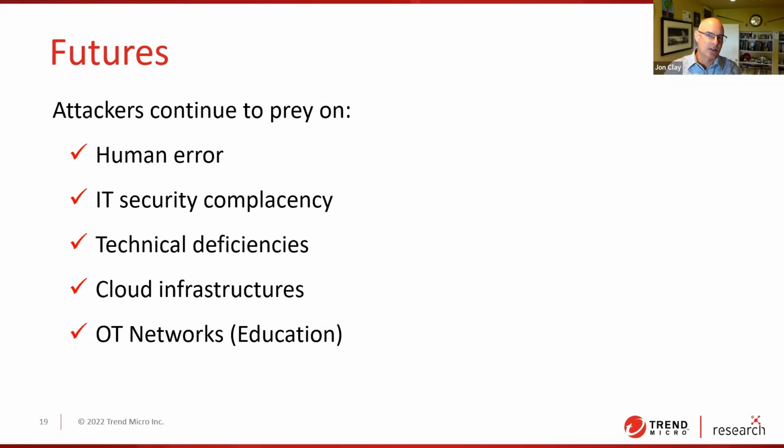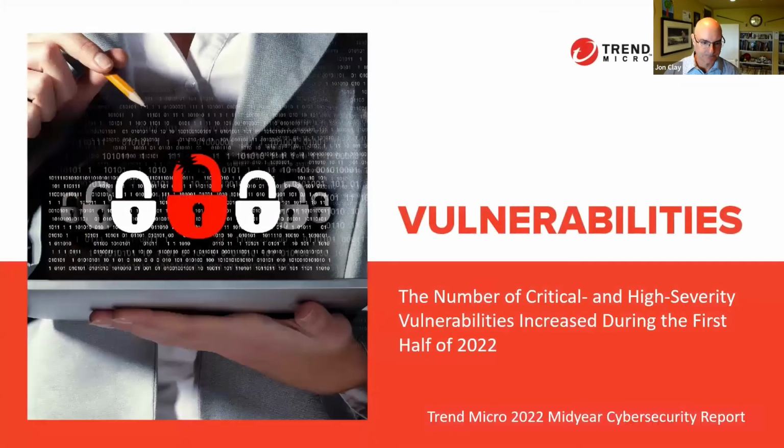Can I turn something on and off very quickly so it's not identified? What can I do? So these educational type of attacks, we're going to see more and more of, especially in the OT network. And then certainly they'll continue to change their TTPs as they need to, to be able to stay competitive and continue to get access to these accounts.